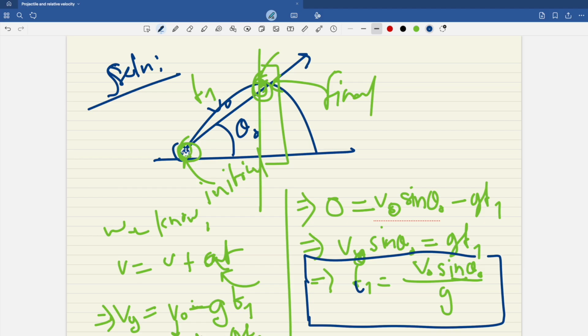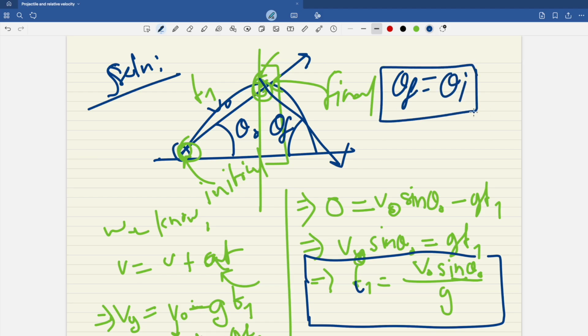If the object in a projectile motion is thrown along the angle theta naught initially, when it will be going down or dropping, the final angle will be equal to the angle at the initial.